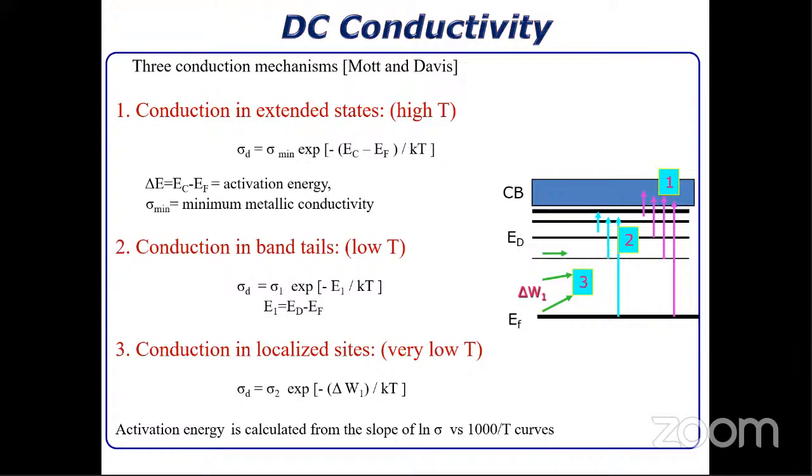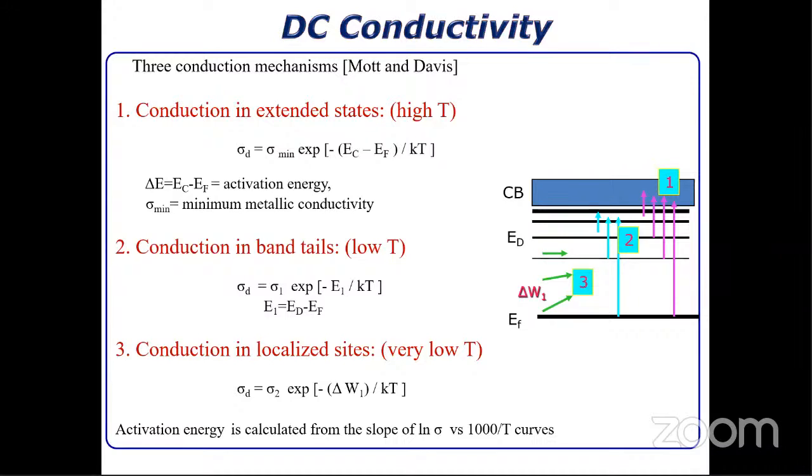And we know EC minus EF is basically the activation energy. The second case is conduction in band tails, normally taking place at low temperatures, and in that case the electrical conductivity sigma_d is given by sigma 1 exponential minus E1 upon KT, where E1 is basically ED minus EF.